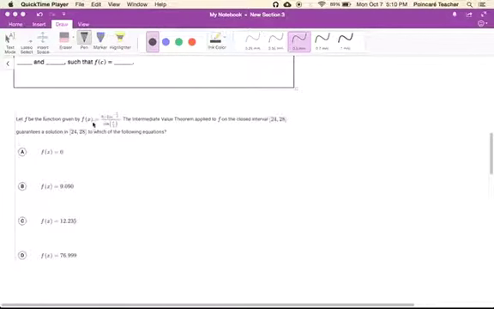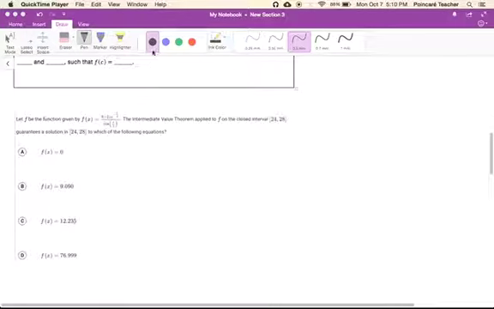So in problem number 2, you guys were given this function here, and then the problem's already telling you the intermediate value theorem applied to f on the closed interval from 24 to 28 guarantees which of these solutions. So it's already telling you that the intermediate value theorem applies, so you don't need to check for continuity, but you do have to figure out which of these y values actually is in between the y values corresponding to 24 and 28.